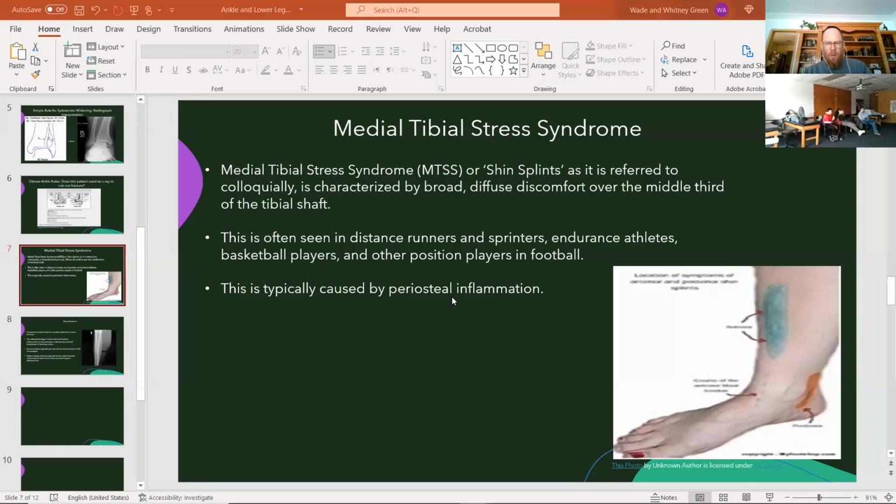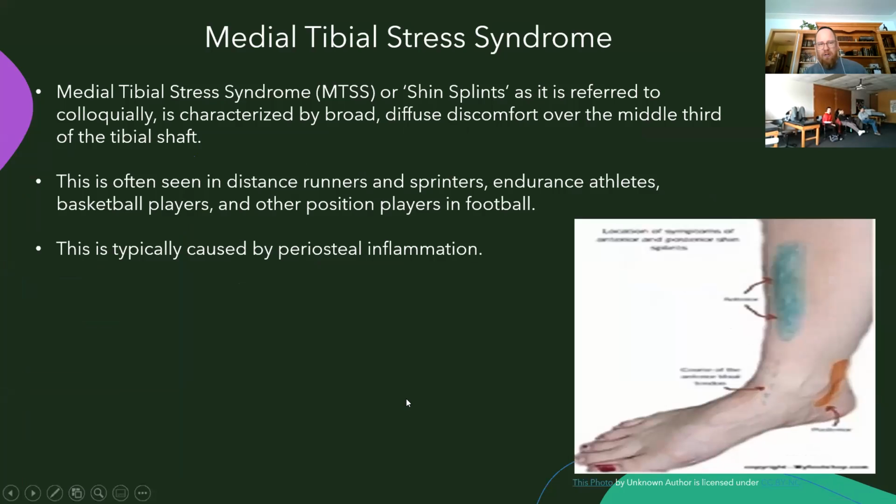All right. So obviously, let me reshare here. Better. Okay, so medial tibial stress syndrome, right? So clearly, medial third of the tibia, this is pretty characteristic.